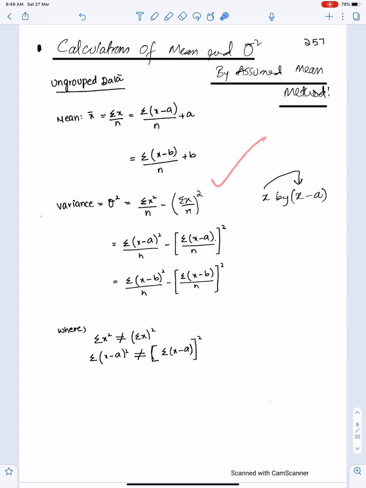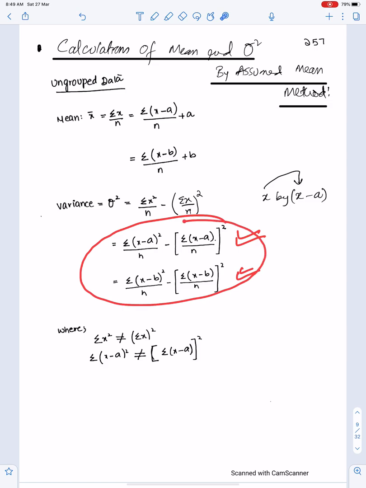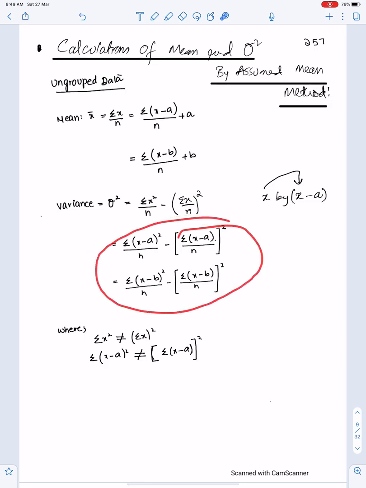This formula will be given in the exam. You just need to replace x by x minus a, and x by x minus b here and here. If you want to learn, that is very good, but if you cannot learn these two formulas, you can make these two formulas in the exam by replacing this x and this x by x minus a.